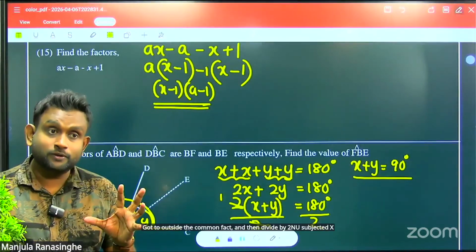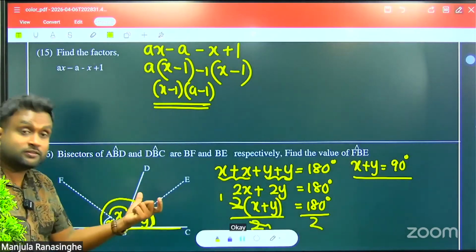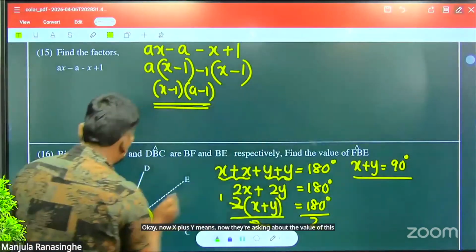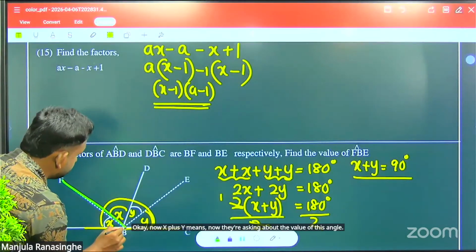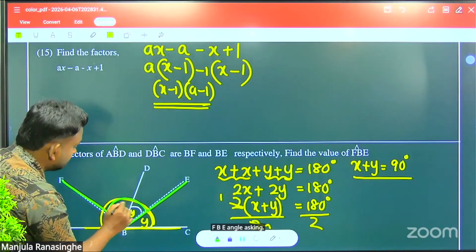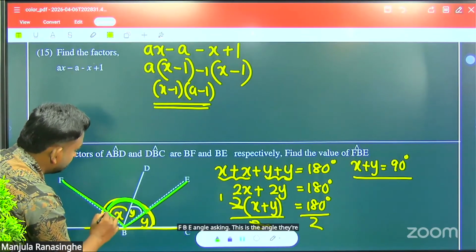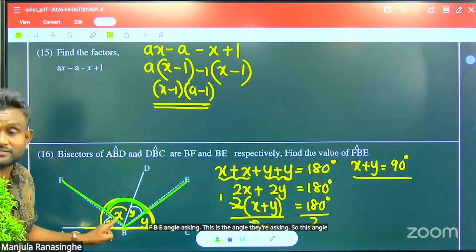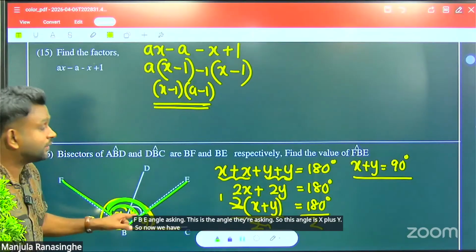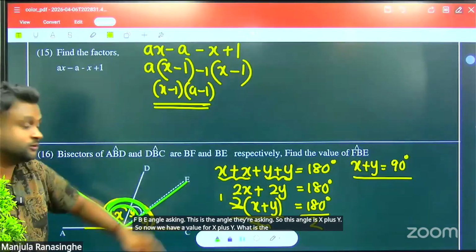Take the 2 outside as the common factor, then divide by 2, and you get the x plus y value. Okay, now x plus y means now they're asking about the value of this angle, angle FBE. This is the angle they're asking. So this angle is x plus y. So now we have a value for x plus y. What is the x plus y value? 90 degrees.